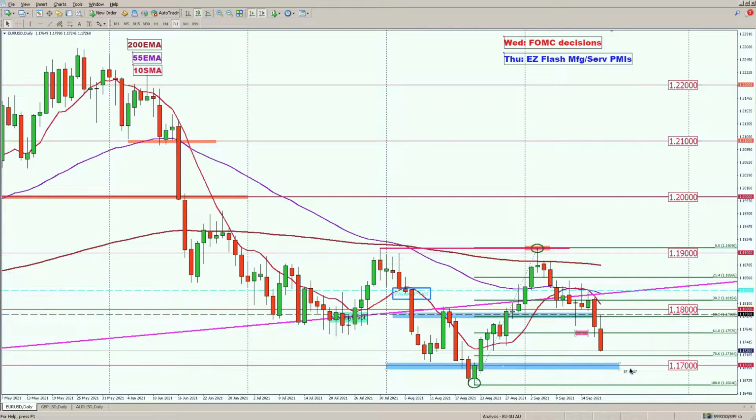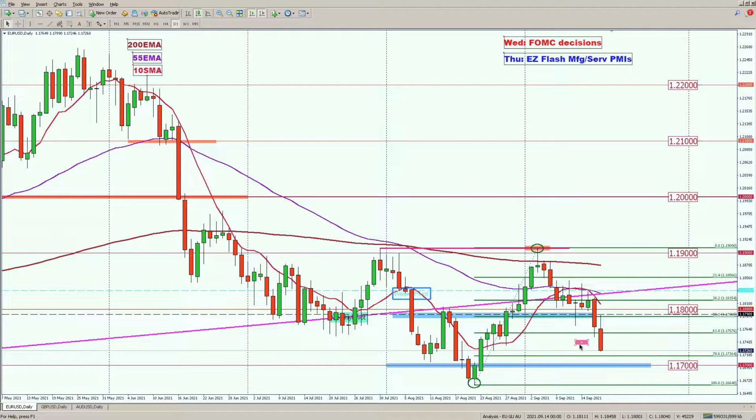And also ominously looking to test the 117.00 area, which if it does break, then it will test this swing low at the 116.64, that was the low from August last month.